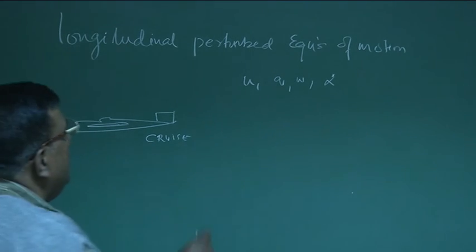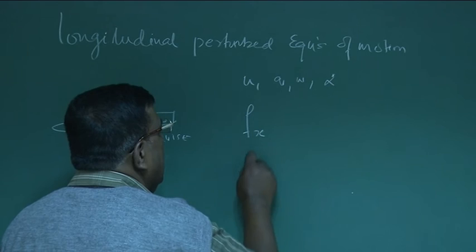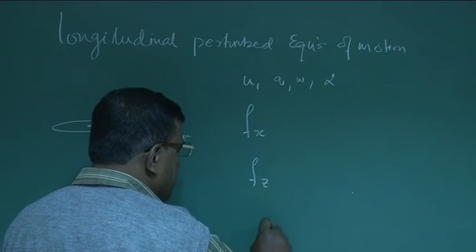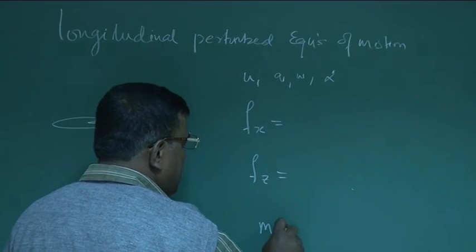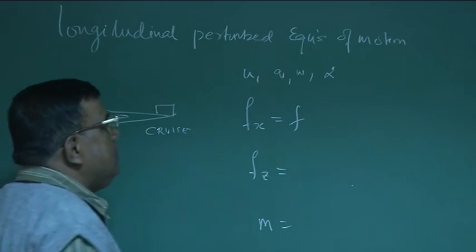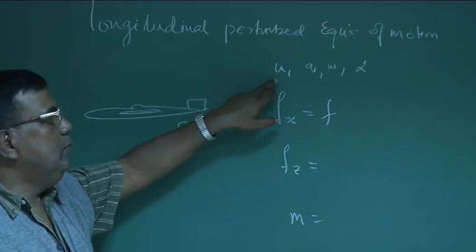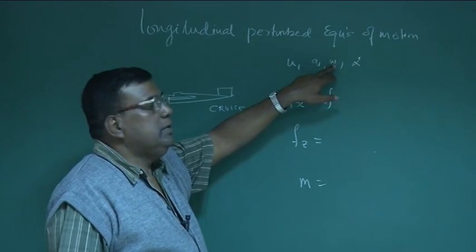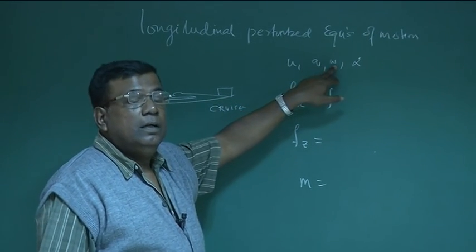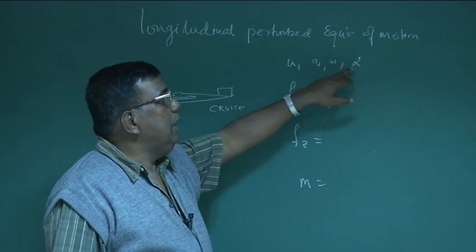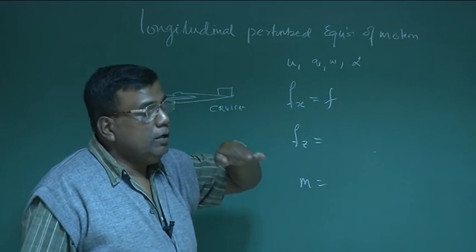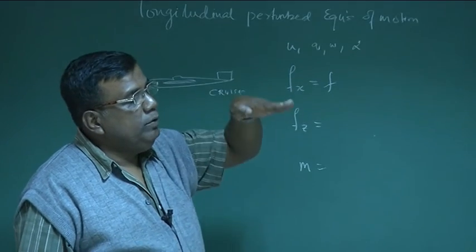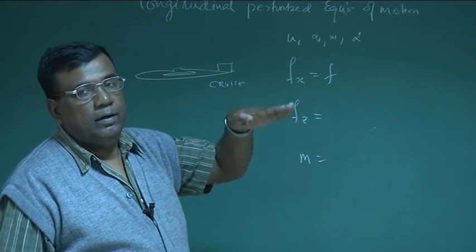When I am trying to find out Fx, Fz and pitching moment, we said because of this small disturbance, this u will be there, the perturbed u, perturbed q pitch will be there, perturbed w component of the aircraft will be there, and also alpha dot will be there, because you can understand if a body is just moving like this, it is introducing an alpha dot, right?